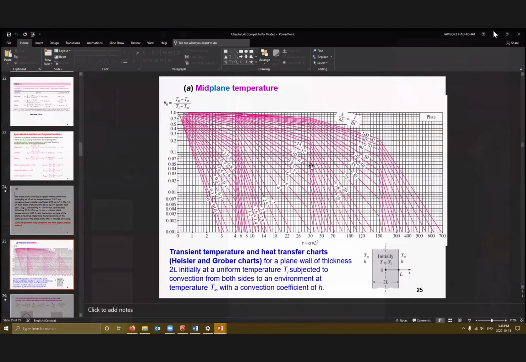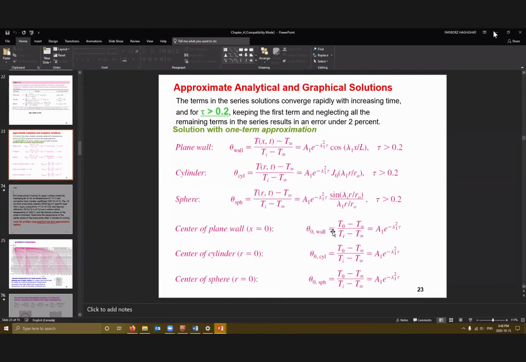I'm trying to use this equation, but the only time I can use it is if I assume tau is equal to 0.2. The Fourier number, if you remember, is alpha times time divided by thickness. But I do not know the time, so I cannot calculate the Fourier number. I assume it is the case, and I start to use the equation I want here.